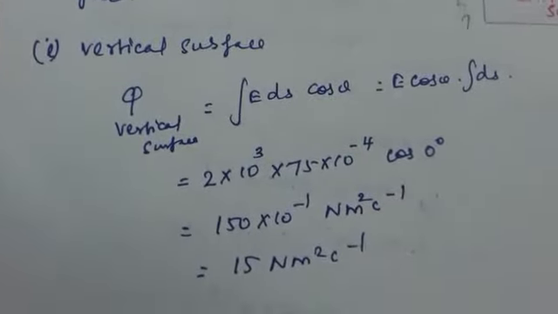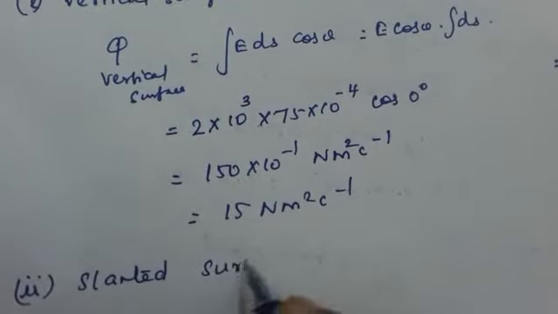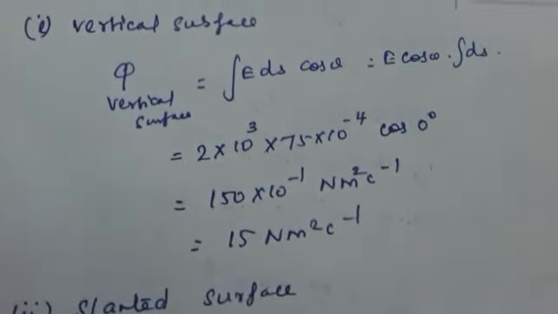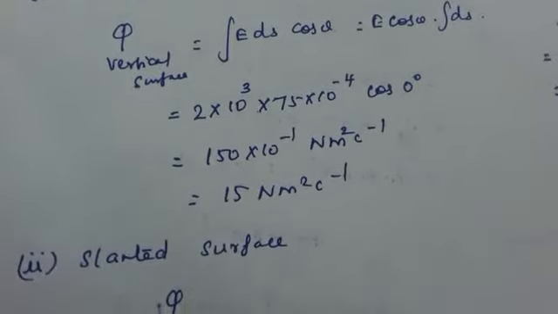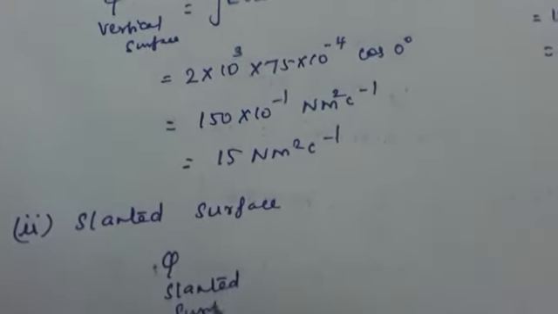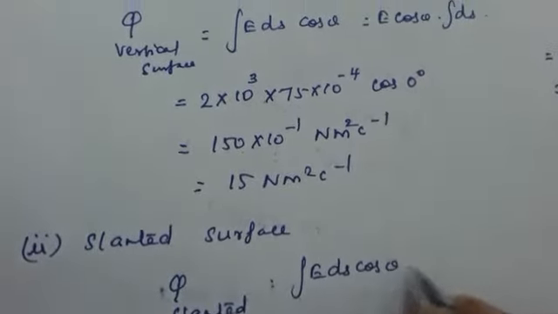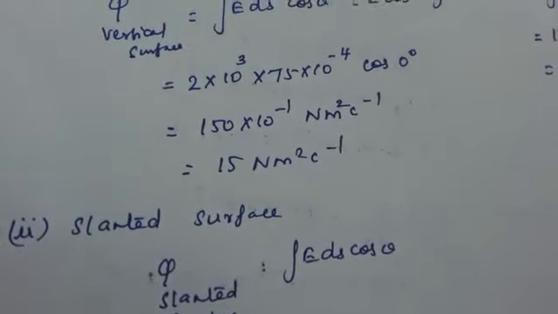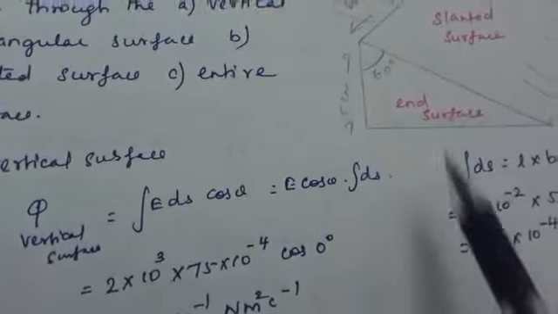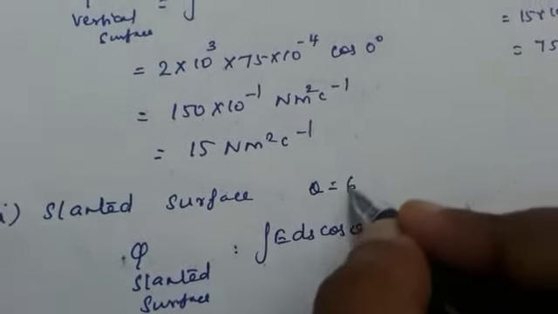Now the second part, we'll go for the slanted surface. So phi in slanted surface is equal to integral E ds cos theta. Here also we have to find the area first. The slanted surface is inclined at an angle of 60 degree, so theta is equal to 60 degree.